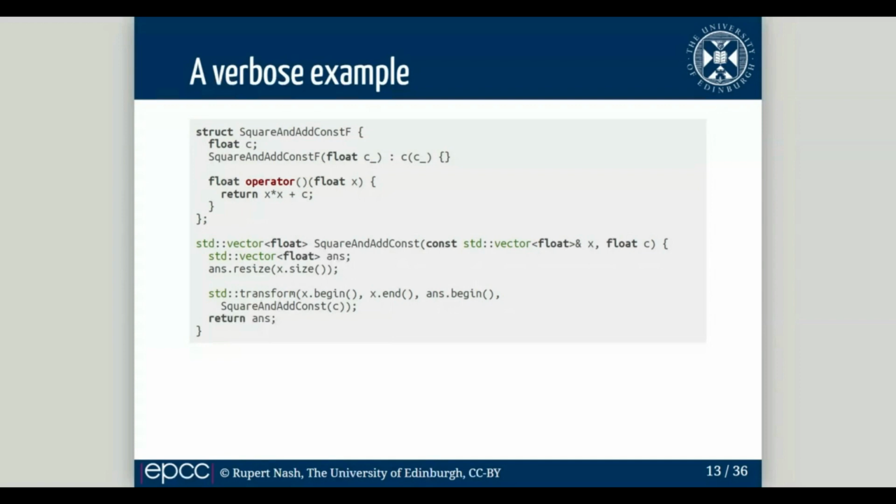The point of this is, in order to get the effect that you want, you want to pass x and c into this transform algorithm, and provide a new structure that has a constructor that takes a single argument c and stores that as a piece of state, which then can be used by the operator overload that transform calls when it's run in order to give the correct return.